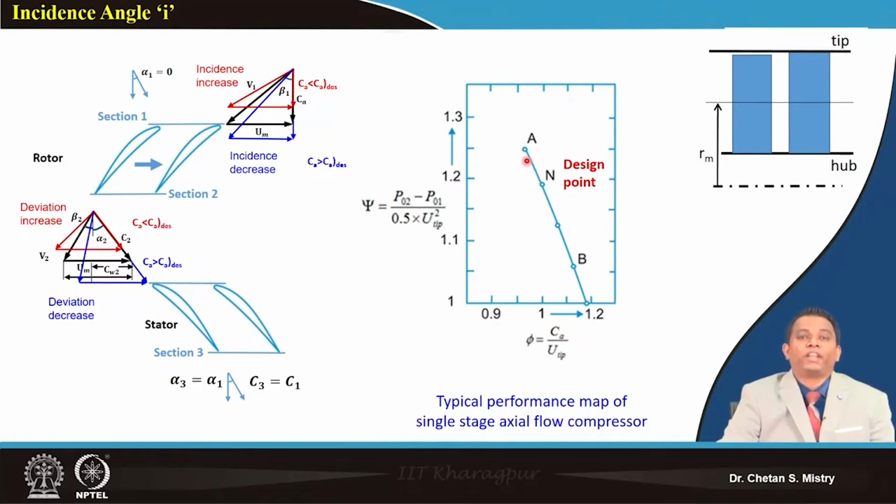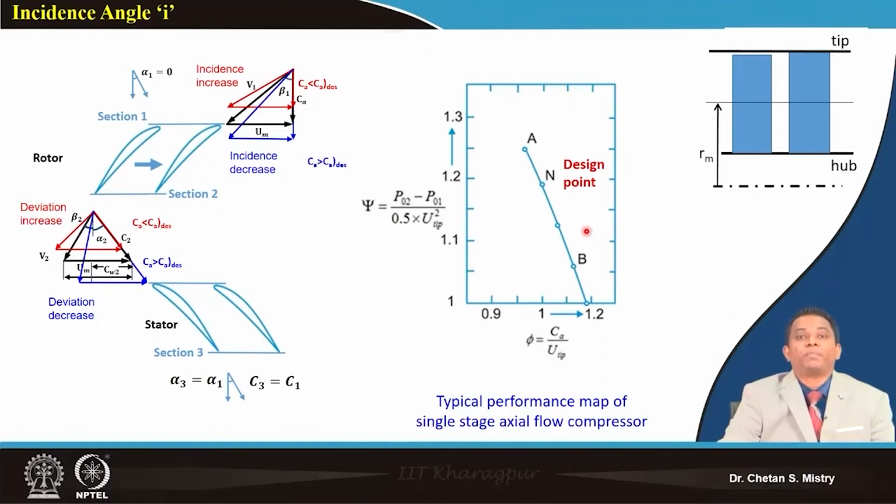In line with that, when it is flying at cruise condition, it may be possible that the required pressure rise is lower, and that lower pressure rise we can roughly call point B. The change of my requirement of thrust is managed in different ways.